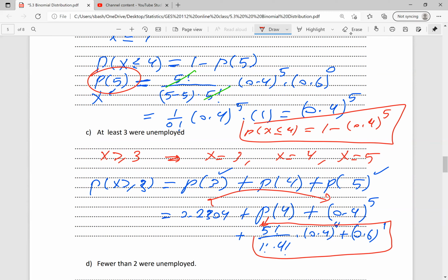If we find 0.4 to power 5, plus 0.2304, if we add these two, I will have 0.2406, plus this one.